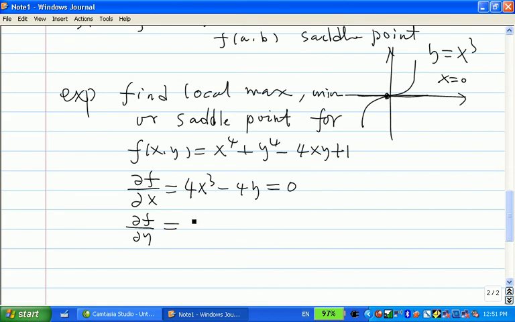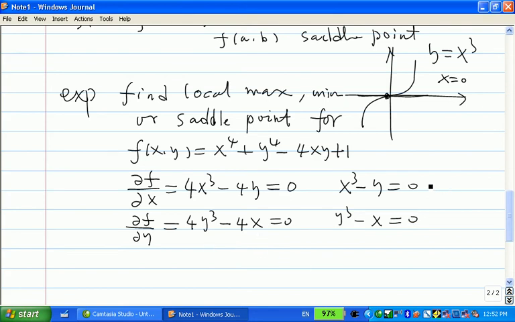This time you treat x as a constant. That gives you 4y to the third minus 4x equal to 0. So we have two unknowns, x and y, and two equations. Now let's solve those. We can divide out the 4 from the first and second equations. We end up with x to the third minus y equals 0, then y to the third minus x equals 0.